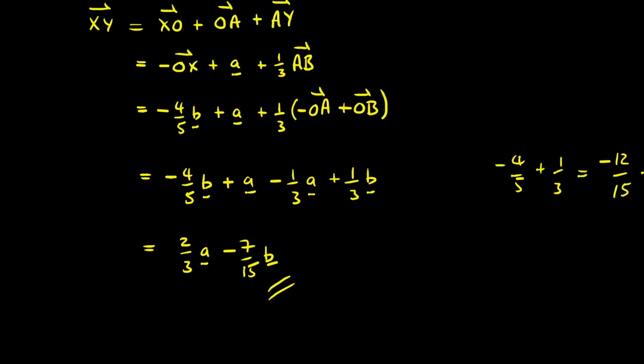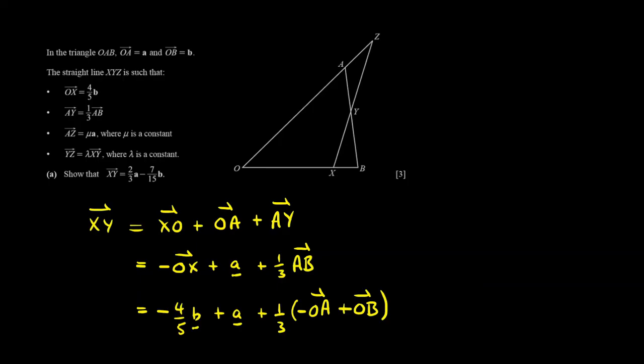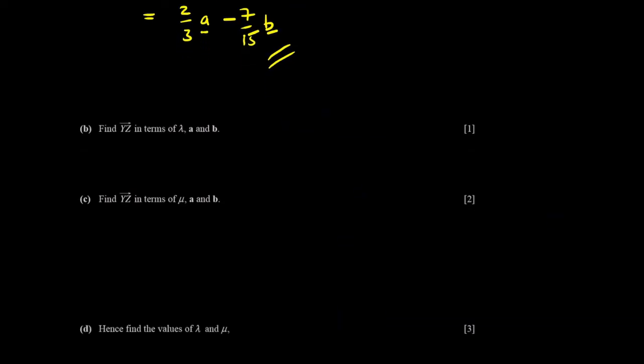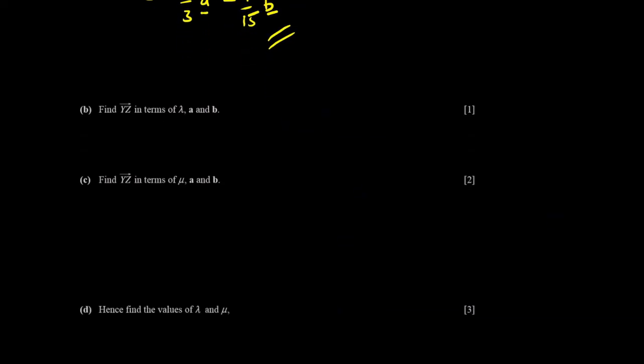Okay, we're continuing on our vectors question. So part B, we want to find YZ in terms of lambda, A, and B. Well, if we're finding it in terms of lambda, we need to go back up to our question and see where lambda appeared. Lambda appeared in this bit of information that YZ is equal to lambda XY. So I'm going to write that down. YZ is equal to lambda XY.